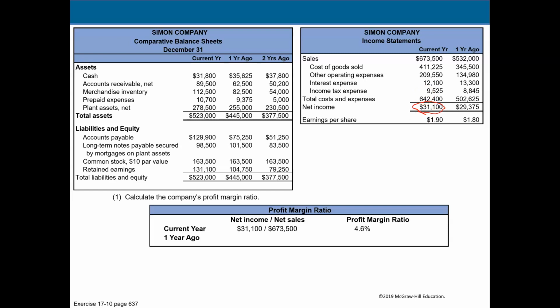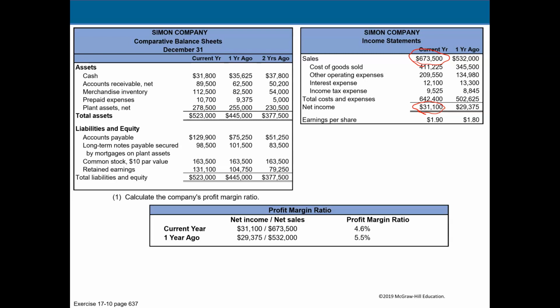And we're going to divide it by net sales, which is $673.5. We come up with a 4.6 profit margin ratio. Out of all of their net sales, what they actually get to keep after everything is said and done is 4.6% of sales.